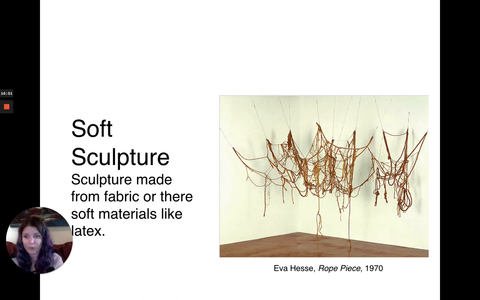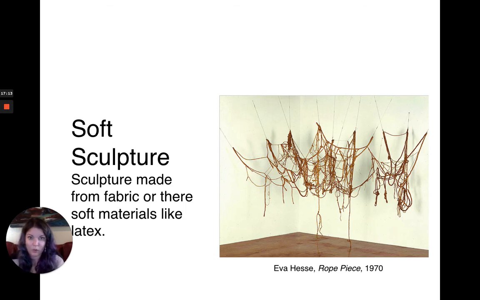So fiber arts is work that is textiles or things made out of fabric or paper and the associated techniques. Soft sculpture can fit as a category of fiber arts and also fits as a category of sculpture. So basically, this is sculpture that's made from fabric or other soft materials like, in this case, latex.